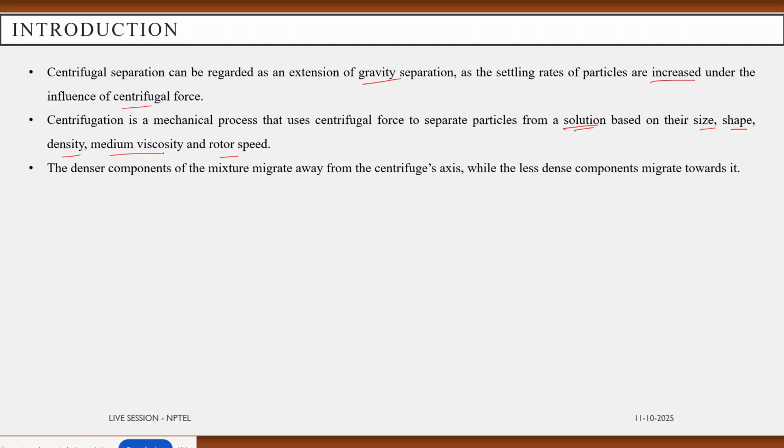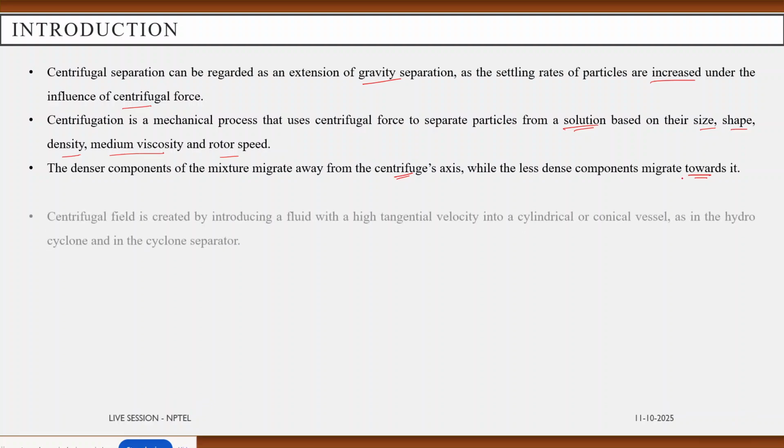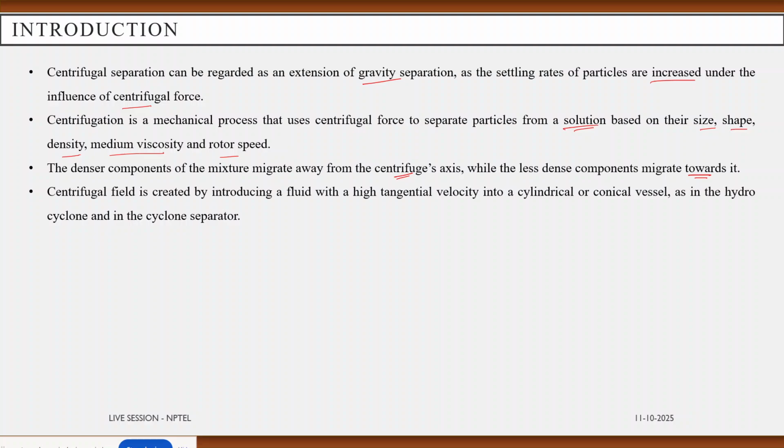Here the denser, or heavier, component of the mixture migrates away from the centrifuge axis of rotation, while the less dense component migrates towards the axis of rotation. This centrifugal field is created by introducing a fluid with a very high tangential velocity.